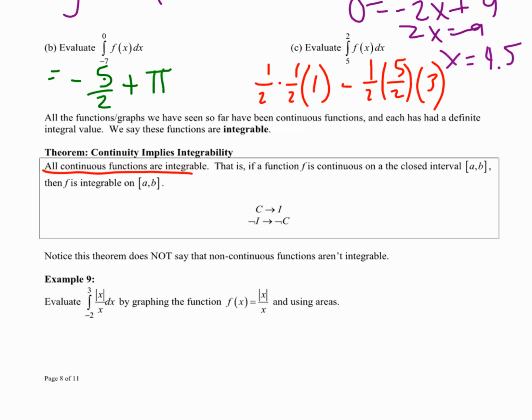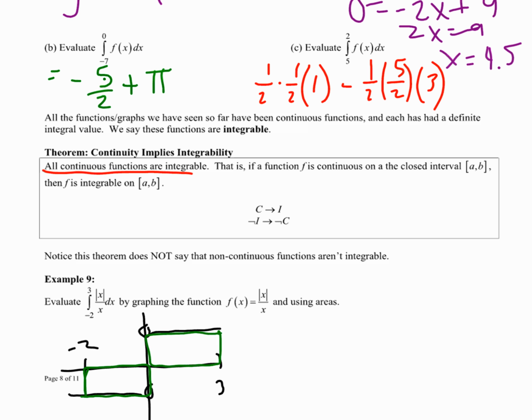All right, so let's look at a function that is not continuous. Signum, I'm sure you remember that, right? Looks like this. It's jumping from -1 to 1. We're going to evaluate this integral from -2 all the way to 3 by graphing it and using areas. What shape do you see? Well, that would be a rectangle, and so would that.